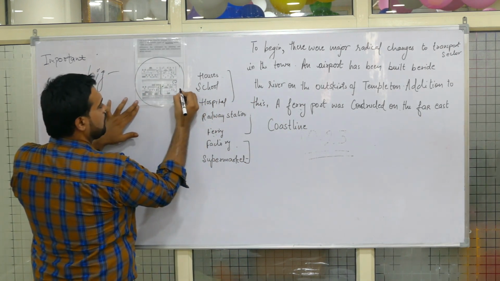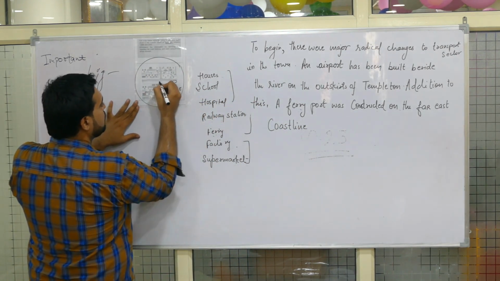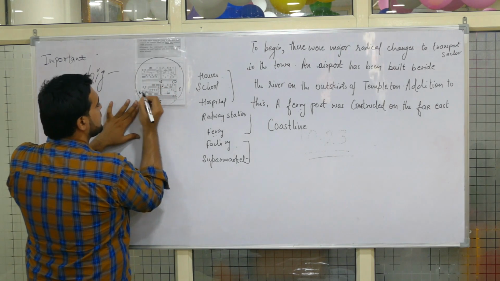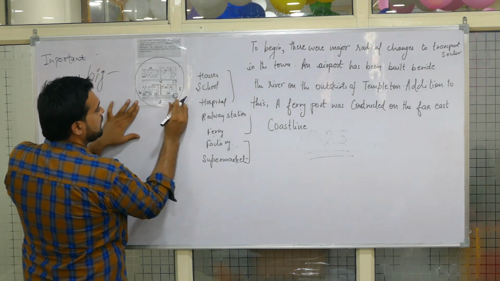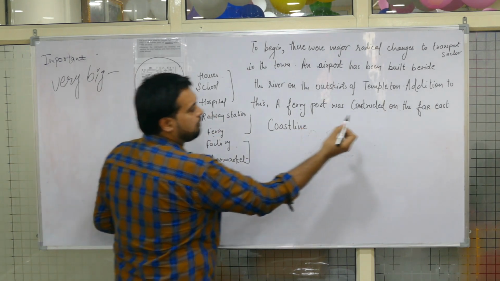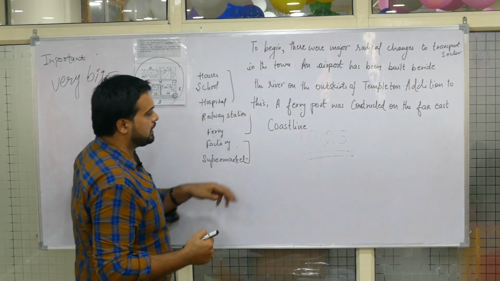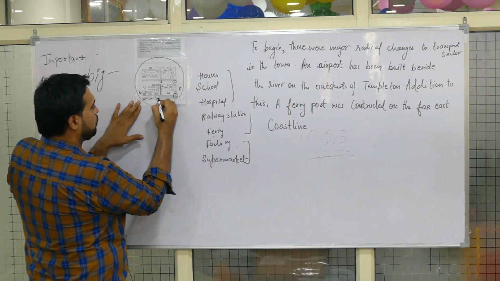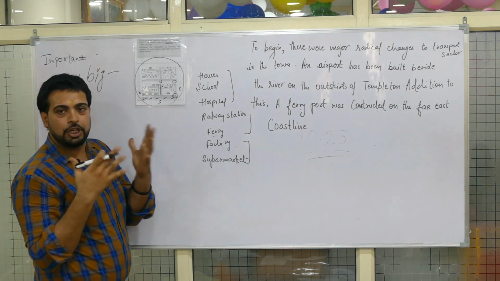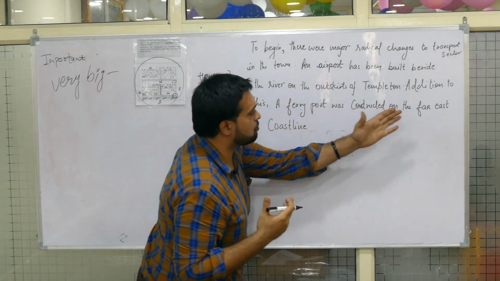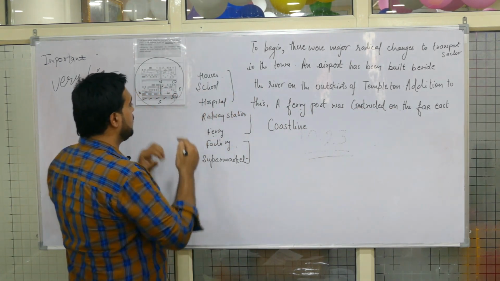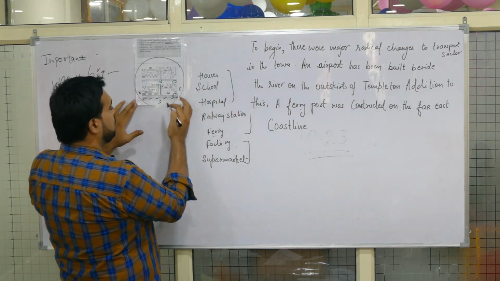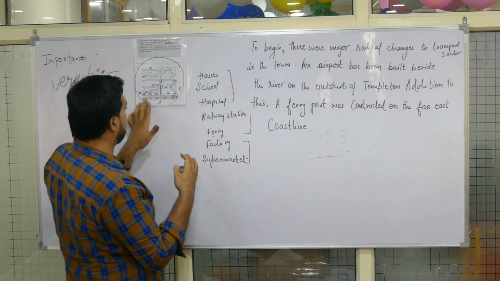Here, this is called east. This is called south, north, and west. So east is here. When it comes to the corner here, you need to add far. On the far east coastline. The coastline is called samundri line, the sea line. So we need to add such words here. Was constructed on the far east coastline. Look, a railway line is also going alongside it. Have you seen the railway lines here?